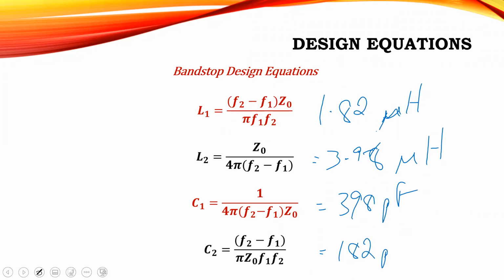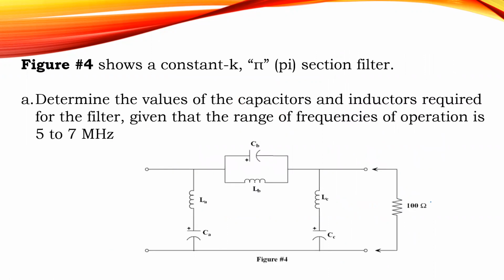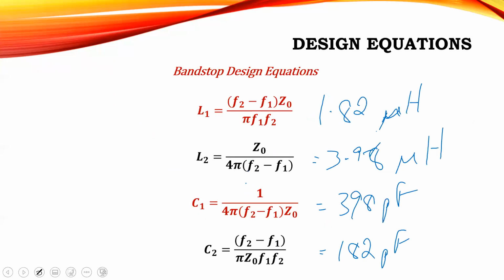All right. So now that you have L1, L2, C1, and C2, what's the next step? Because remember, these relate to the L section, and the question was careful to tell you about A, B, and C. So relate the L values to the values for the pi type band reject filter.